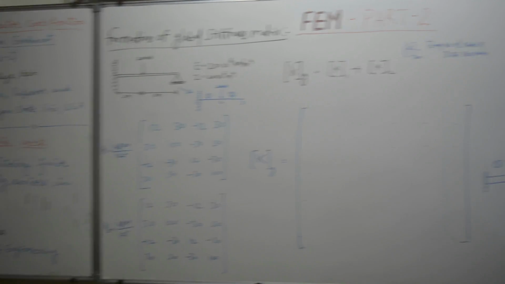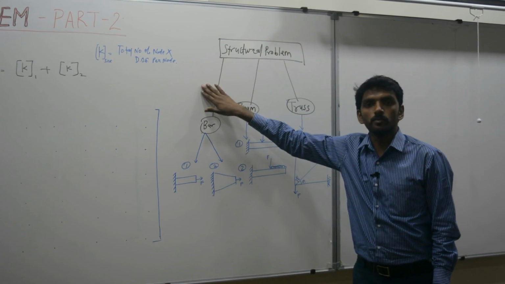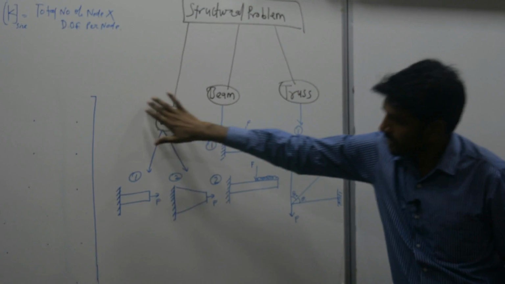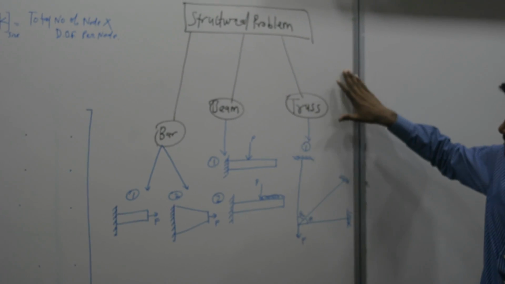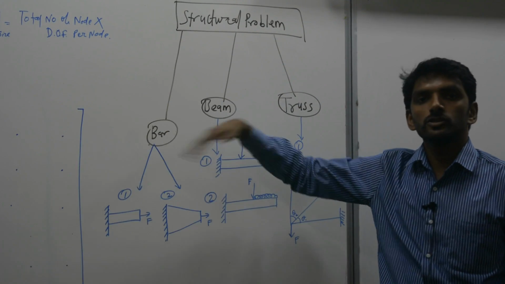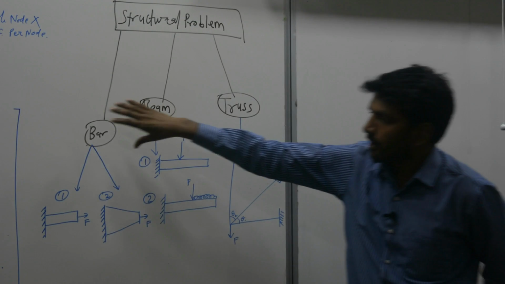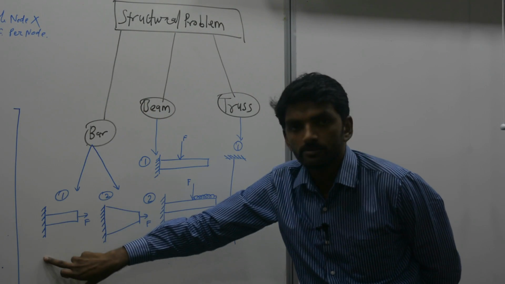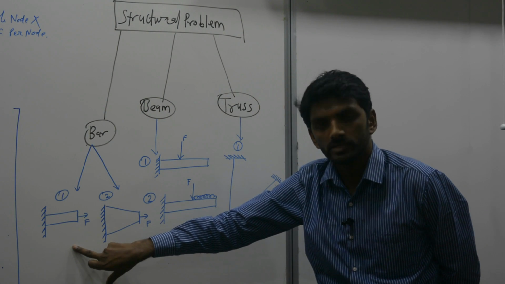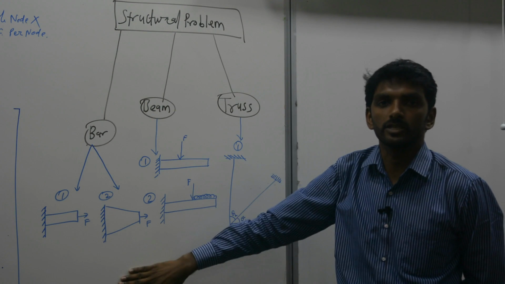Before coming to that, the structural problem basically covers 3 domains: bar, beam and truss. These are some types of problems which you can come across while exploring the syllabus. In bar problem, you will have 2 types of issues. One is a bar having uniform cross section, and second is a bar having reducing or increasing cross section.